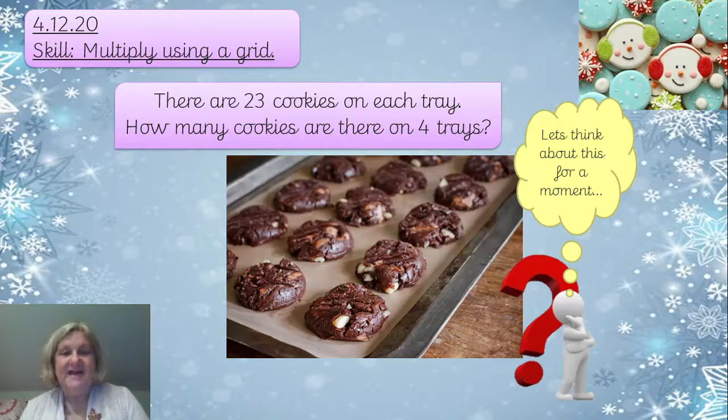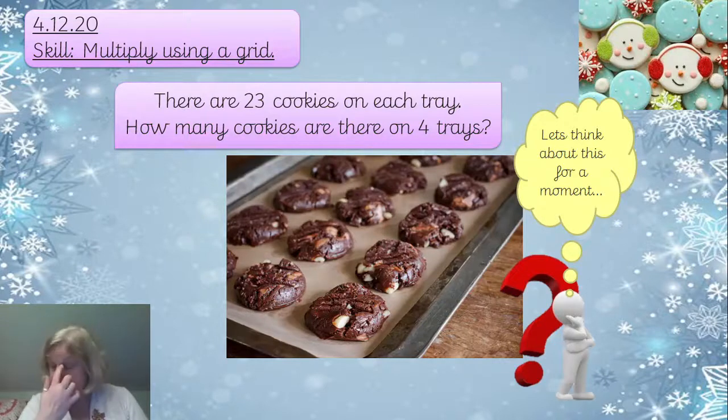And now we're back in. Hopefully you've had a way of getting your ideas working, your maths brain in gear. 23 lots of 4, you could change it around that way and think of counting up in 4s, perhaps up to 10 lots of 4, maybe another 10 lots of 4, or perhaps even partitioning 23 down, which is the way that we have been thinking about those higher numbers, splitting them up in order to make it easier to multiply.